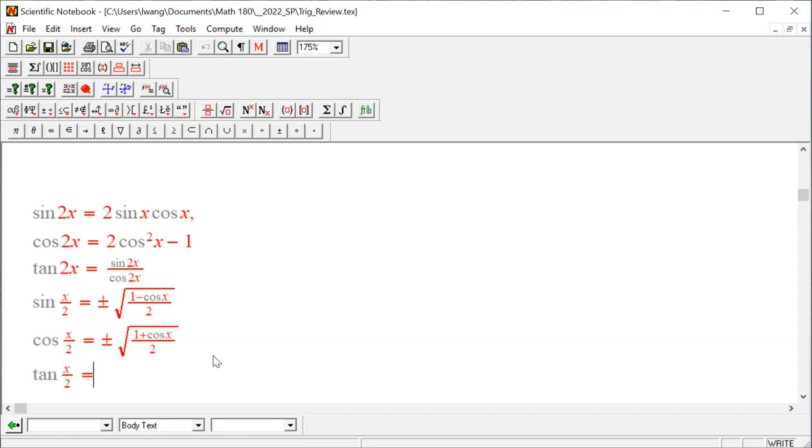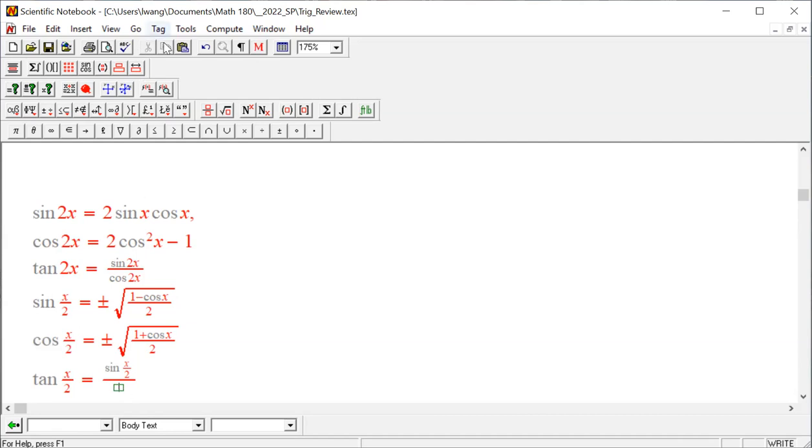For tangent, we have 3 formulas, but we don't need to use them. We can simply use sine half x over cosine half x and just plug in.